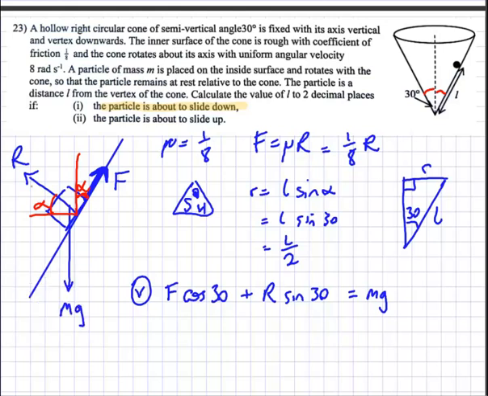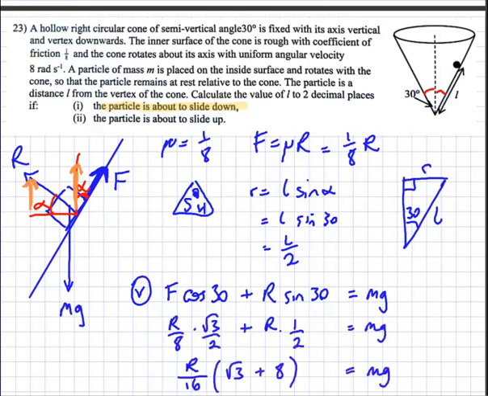So we've just worked out the vertical component of R and also the vertical component of the friction. We've got an expression for it. Add it together, and we can insert values for F, cos 30 and sine 30, and simplify it a little bit.